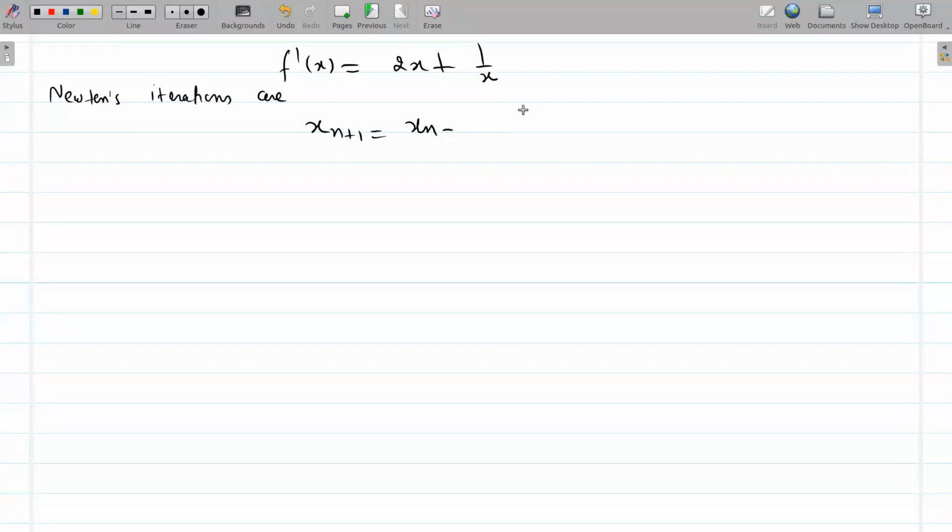So firstly write its derivative f'(x), which is 2x, and for log x it is 1/x. Then the Newton iterations are x(n+1) equals x(n) minus the function, divided by its derivative.